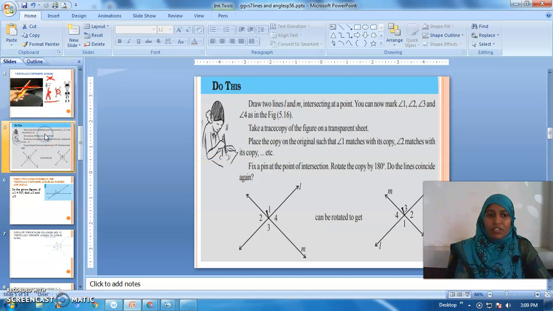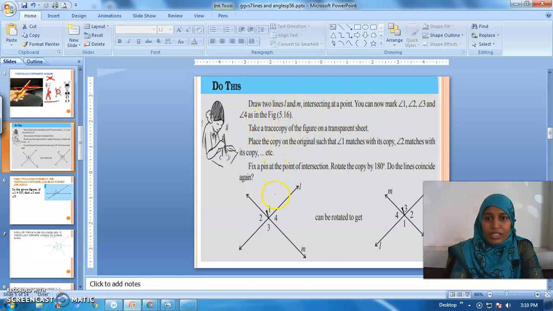Yes, here is an activity for you. You have to make this activity as a video, a small video, just 1 minute, and post it in the group. And you can give the description also in your own words. Draw two lines L and M intersecting at a point. You can now mark angle 1, angle 2, angle 3 and angle 4 as in figure 5.16.